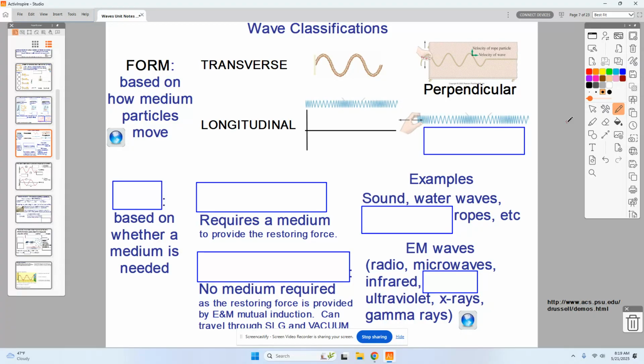Now, a longitudinal wave is harder to demonstrate. We see that the particles are moving longitudinally in relation to the way that the wave is traveling. We would say that it is a parallel motion for the particles in relation to the way that the wave moves. So the wave is moving to the right, and the particles are moving right and left.